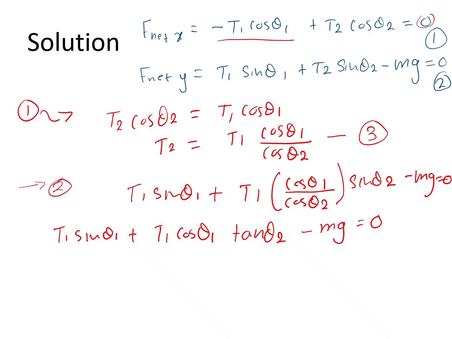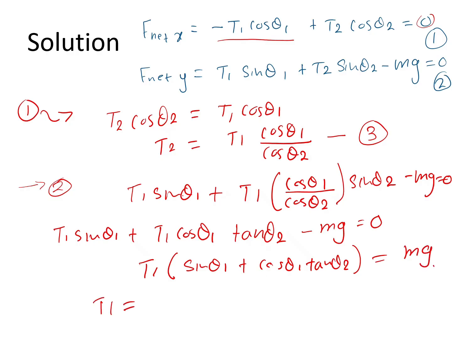So we can send this negative mg to the other side of the equation and factor out T1. We get T1 times sine theta 1 plus cosine theta 1 tan theta 2 equals mg. So T1 equals mg divided by sine theta 1 plus cosine theta 1 tan theta 2.